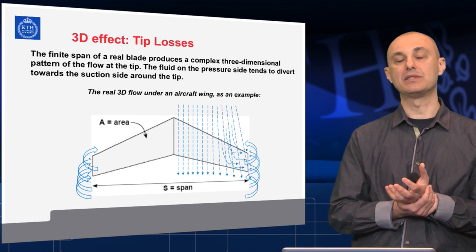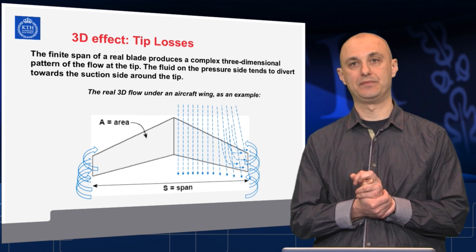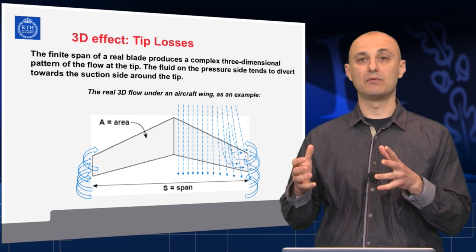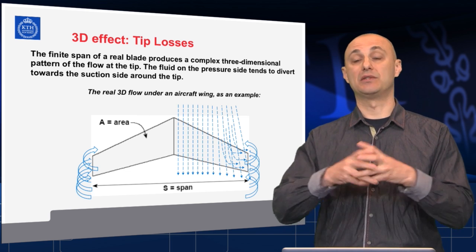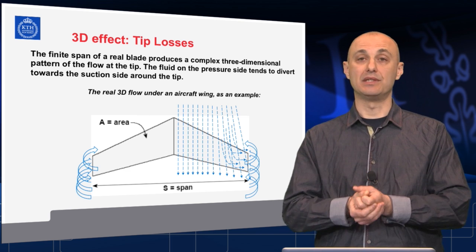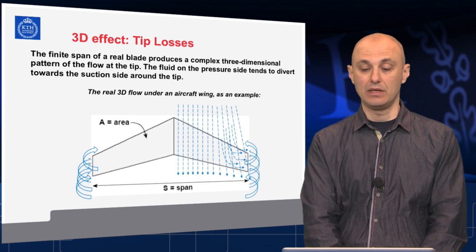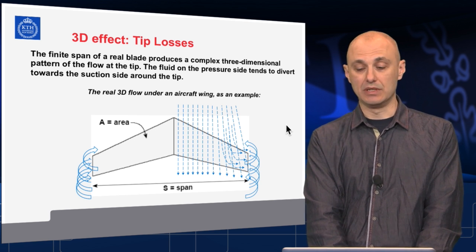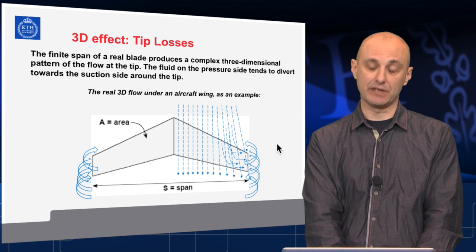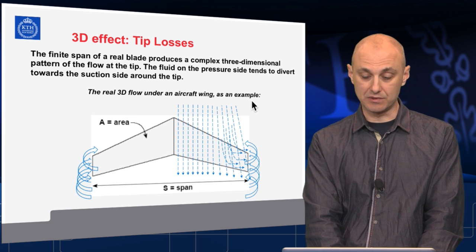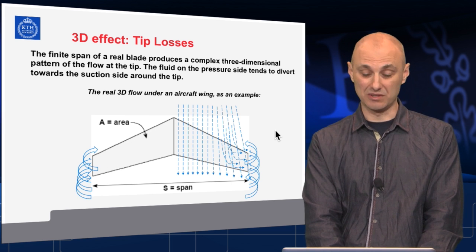Tip loss is a three-dimensional effect. As long as we can consider the rotational wake as a two-dimensional effect, the tip loss definitely would be a three-dimensional issue. It might be difficult to explain, but actually not difficult to understand as soon as you see the whole picture, even if I tried here to draw it not so good.